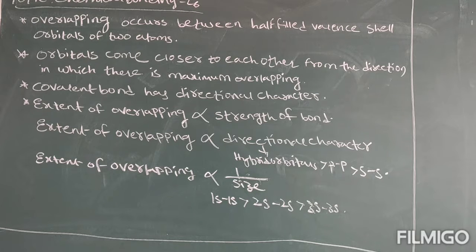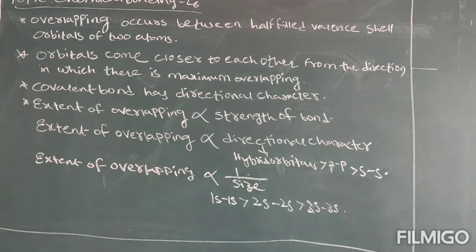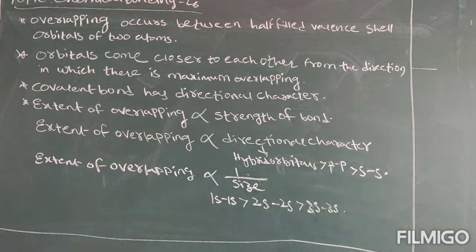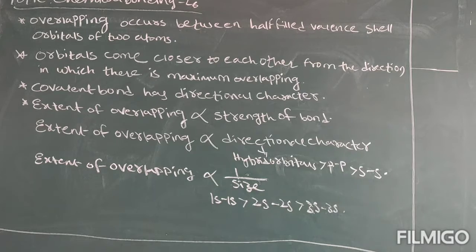The extent of overlapping is directly proportional to the strength of the bond and to the directional character, that is, hybrid orbitals are greater than p-p orbitals, which are greater than s-s orbitals, and it is inversely related to the size. Hope you have noted.